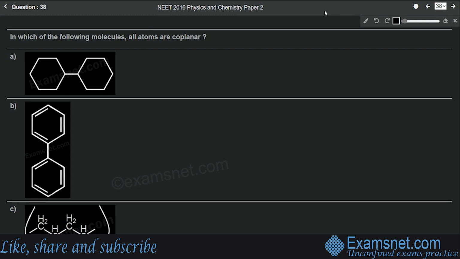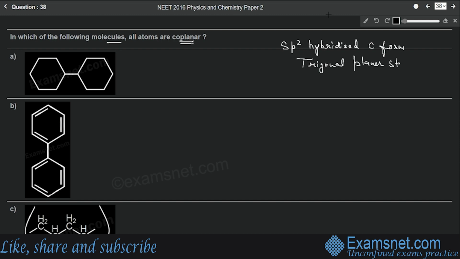Question number 38 is from the chapter Organic Chemistry, Some Basic Principles and Techniques. And the question is, in which of the following molecules are all atoms coplanar? That means in the same plane. Now here we have to remember one thing, that an sp2 hybridized carbon forms a trigonal planar structure.